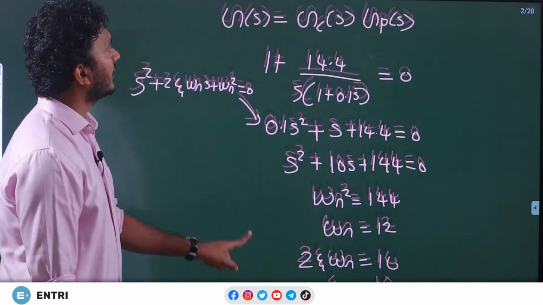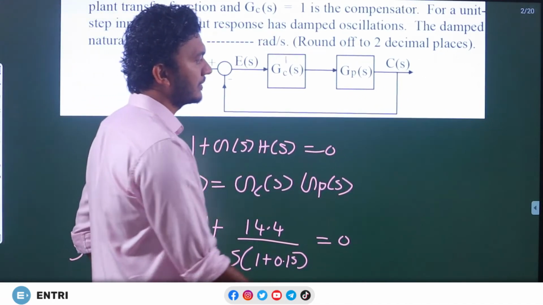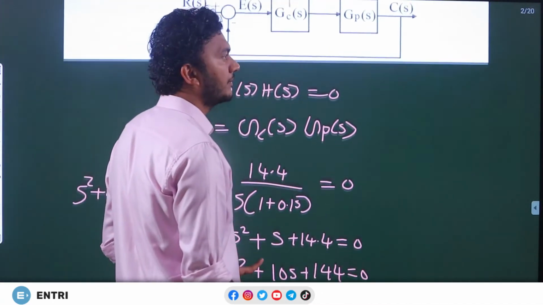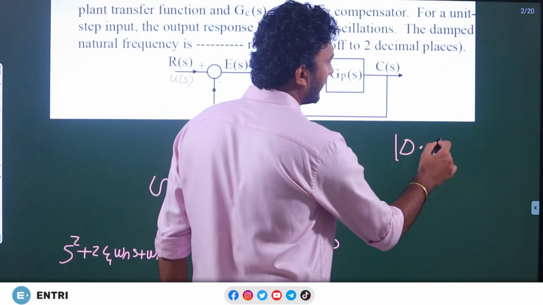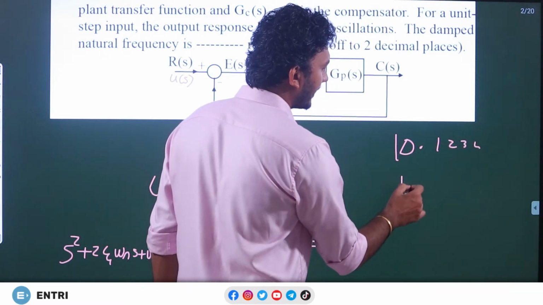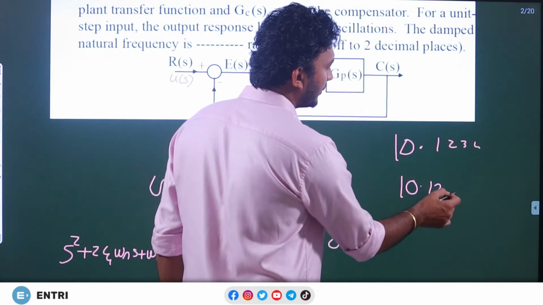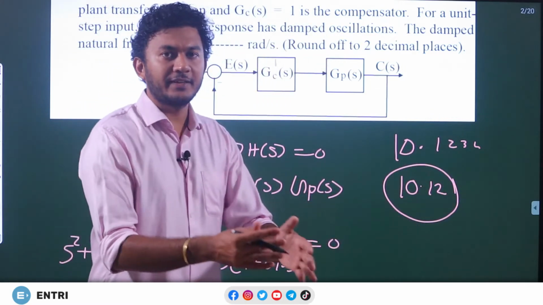Round off to 2 decimal places means, for example, if it is 10.1234 something like that, you can write it as 10.12 up to 2 decimal places. This is more than enough, and they will give a range.